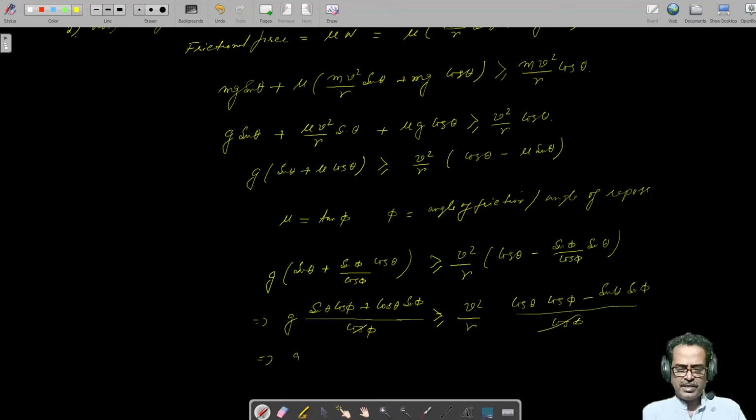That implies g sin(theta plus phi) is greater than or equal to v square by r cos(theta plus phi).